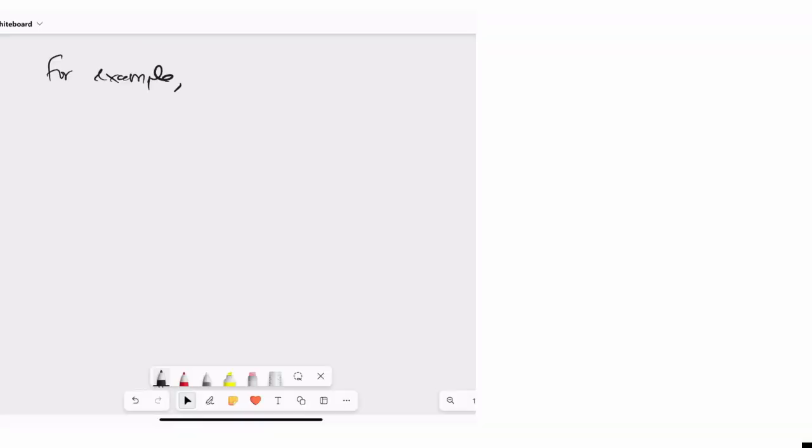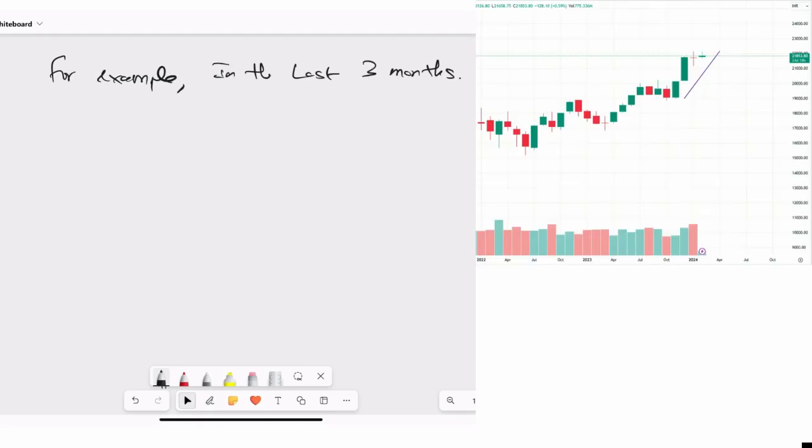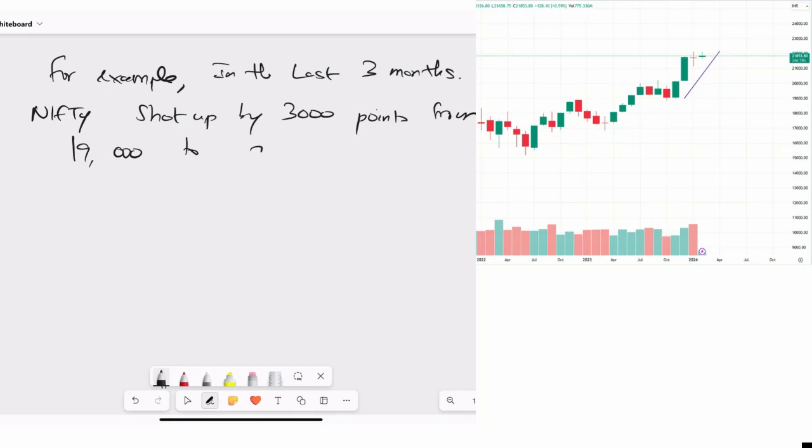For example, in the last 3 months, Nifty shot up by 3,000 points, right? From 19,000 to 22,000, right?